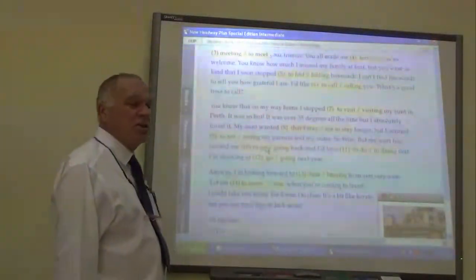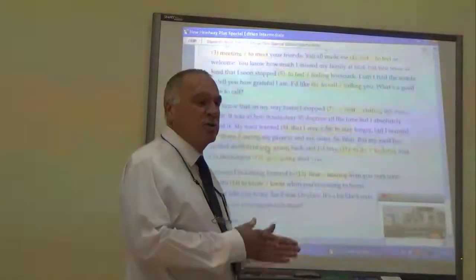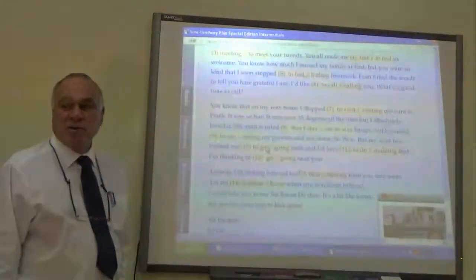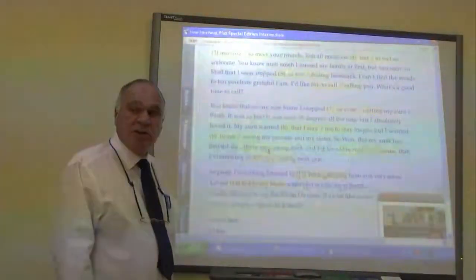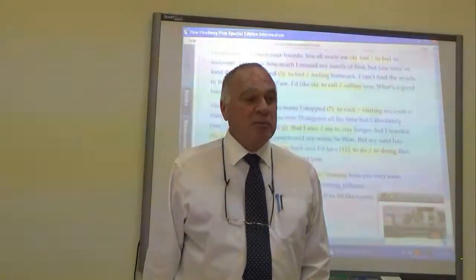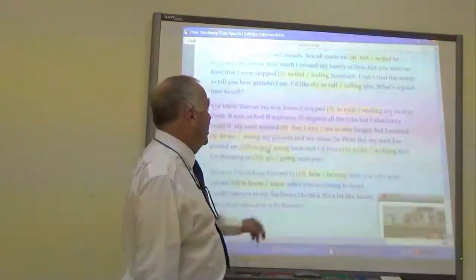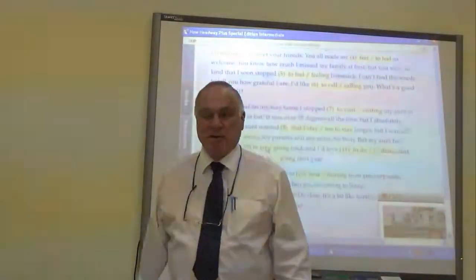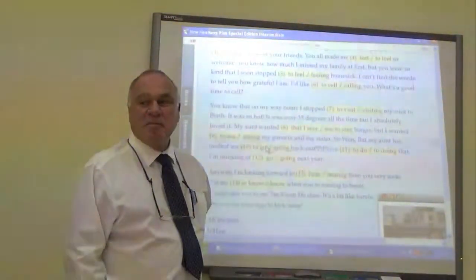You wouldn't say I stopped visiting my aunt because that would imply two things were happening simultaneously. But I stopped to visit my aunt. And note the difference between the British and the American pronunciation of that word. Yeah, we say aunt. What do you say, Lou? I say aunt. Yeah.